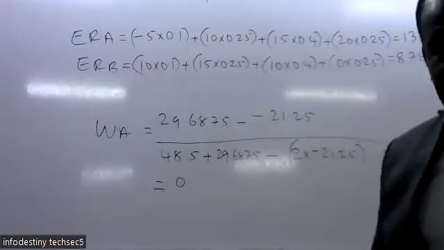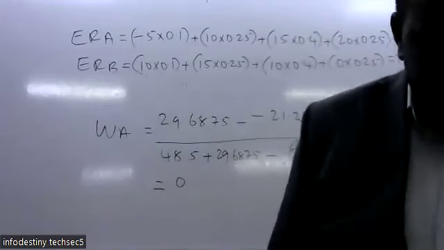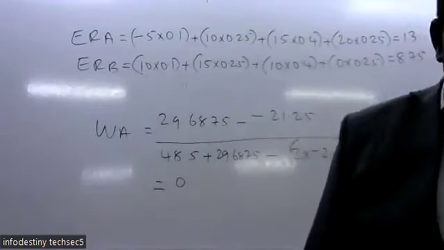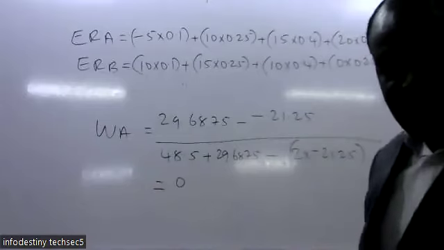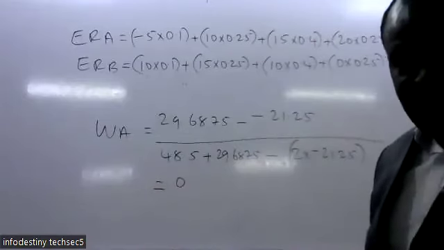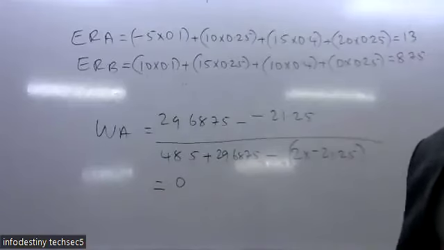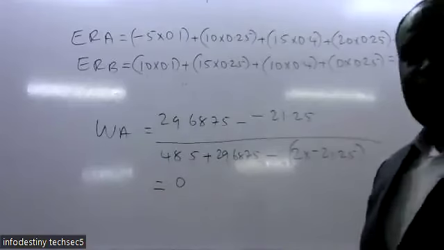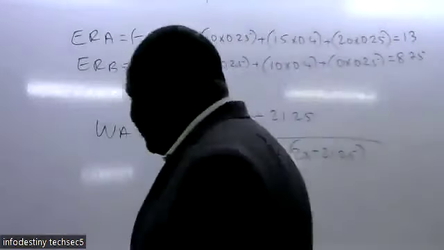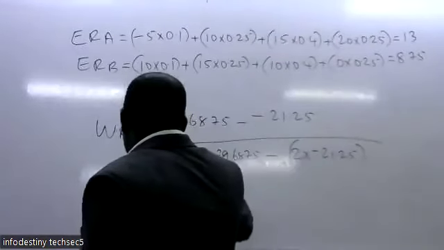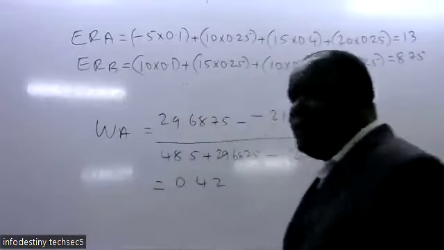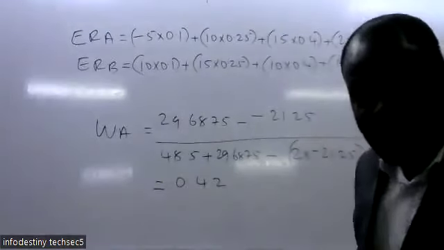Someone give me the figure. If you round it off to 2 decimal places, you get 0.42.